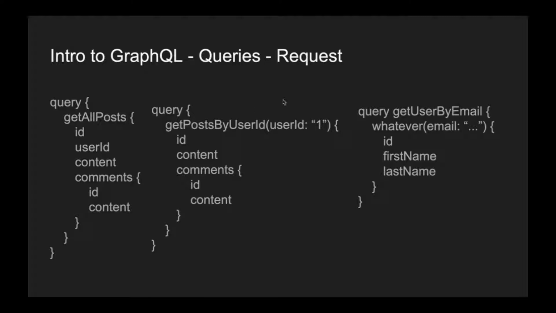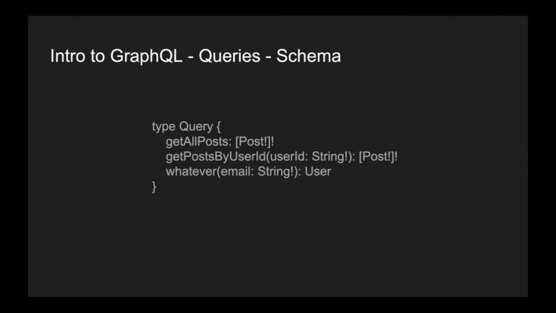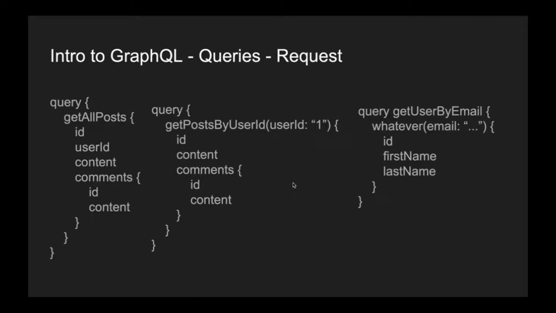I'm passing in the string 1 for the user ID, and I didn't have enough space for the email, but imagine it's some albany.edu email. I also defined in my schema that these inputs should never be null. So if I did pass in null, then I would get a GraphQL error.